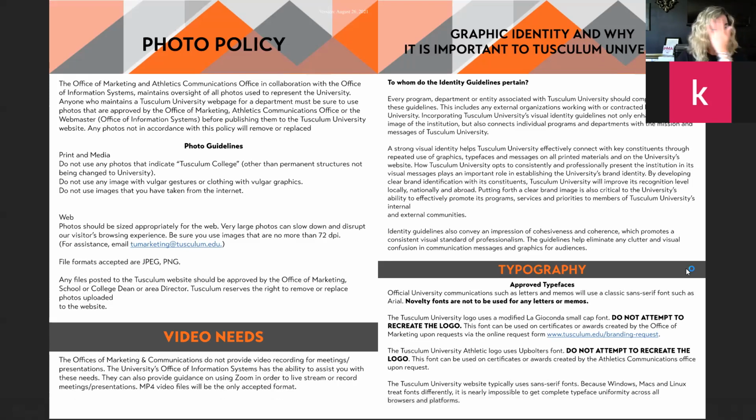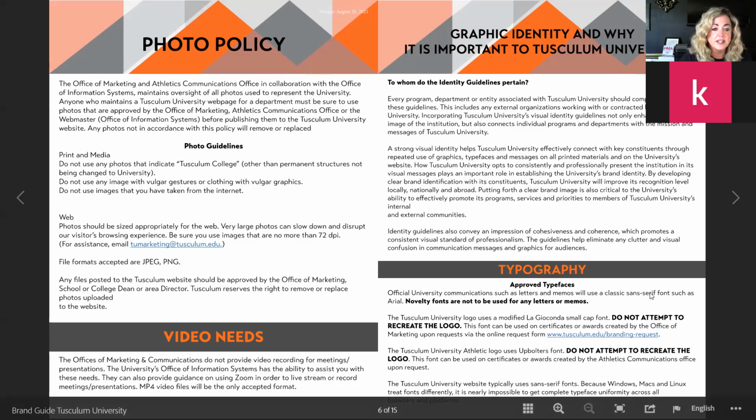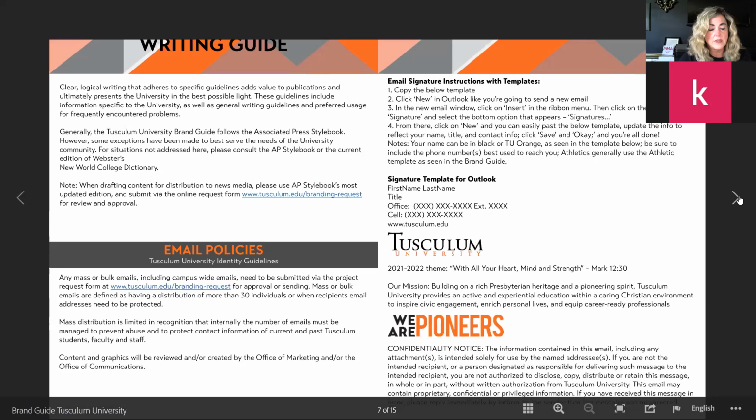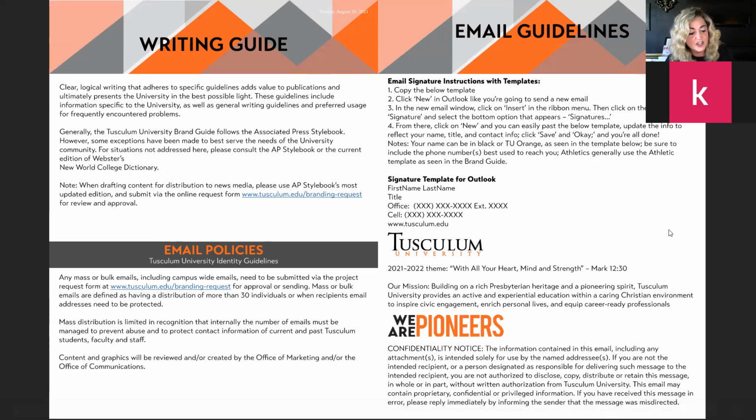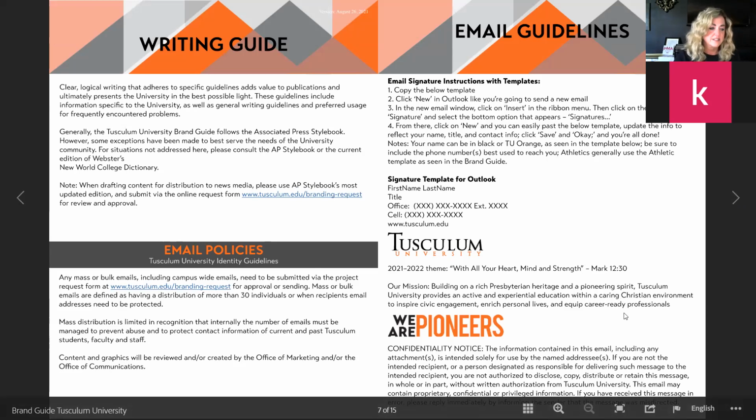They're real specific here, and they say a classic sans serif font such as Arial, and novelty fonts are not to be used for letters or memos. That's probably something to include, because it's serious business kind of fonts. You have to think about the usage ultimately. No Comic Sans, unless you were doing something for a comic book company, or something generally silly, but like serious business.